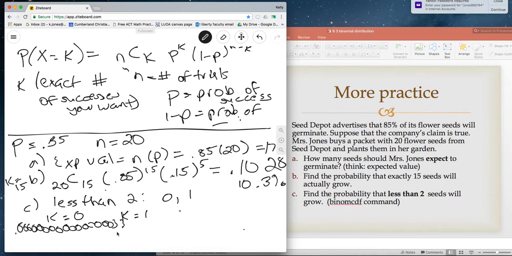And we're going to times that by 0.85 raised to the first power. And then we're going to times it by 0.15 raised to the 19th power. And we get another super small number. So basically we have 14 zeros. And then 37 is what it said.